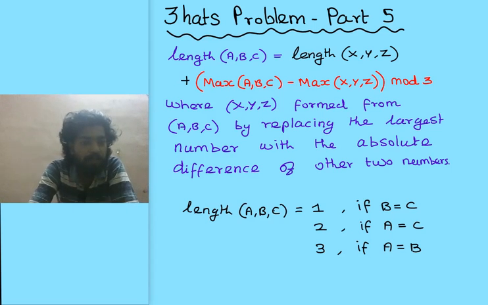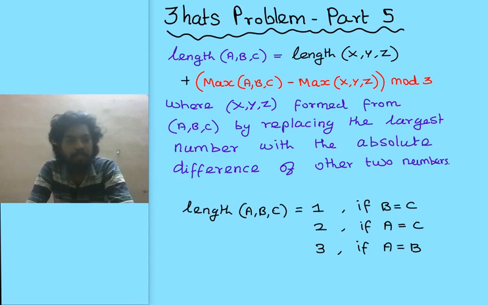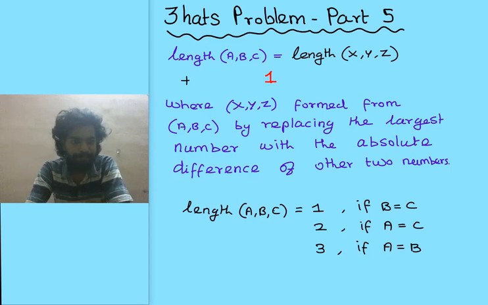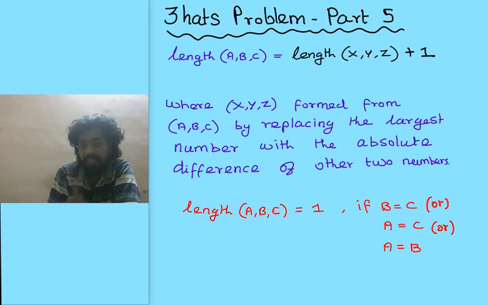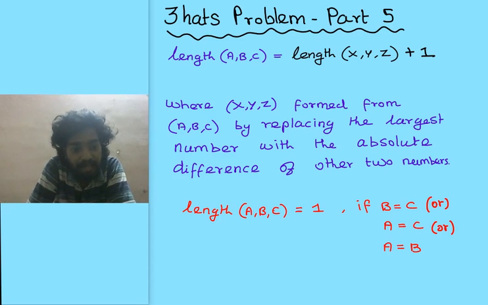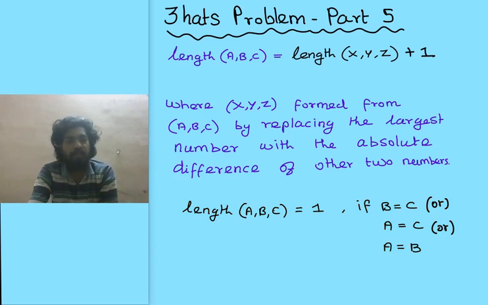Each one tells a number as soon as he deduces. So this becomes 1. Also, the initial case becomes this. That is, if any of the prisoners sees the other two numbers as equal, then he can right away claim his number as the sum in the count 1 itself. So we got this simple recurrence equation.